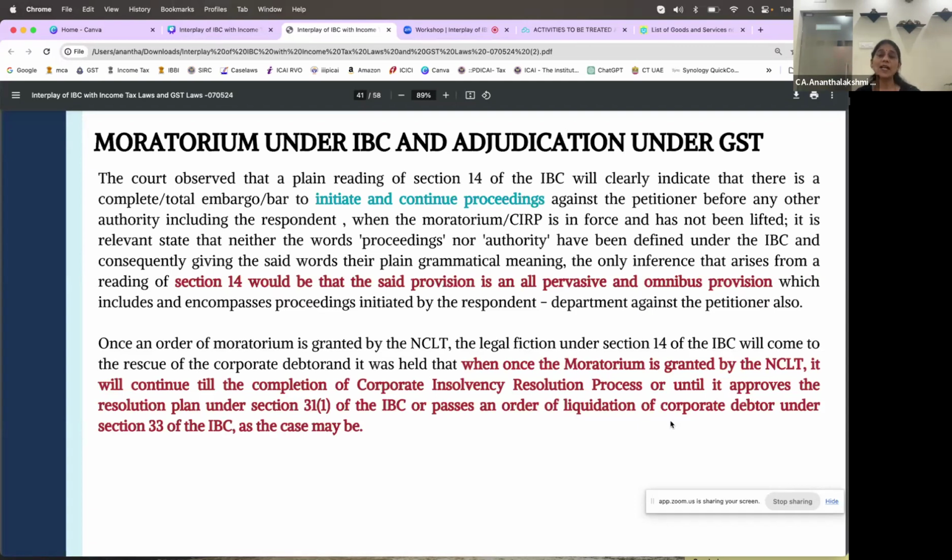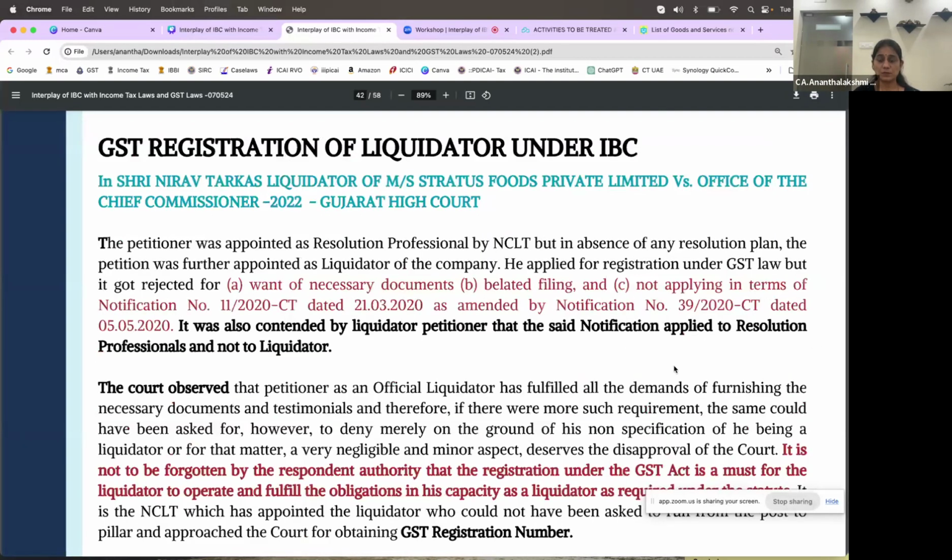And if the resolution plan is approved also, the moratorium ends. But we can't issue notice after that, because once the resolution plan is approved, the resolution applicant will buy the company as a clean sheet. All the claims have been discharged. No new claims come in future.